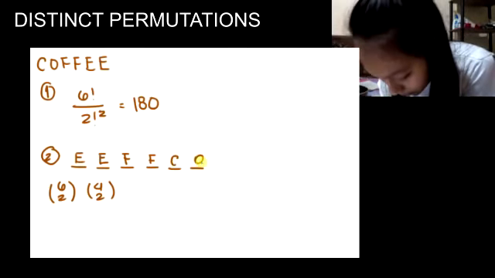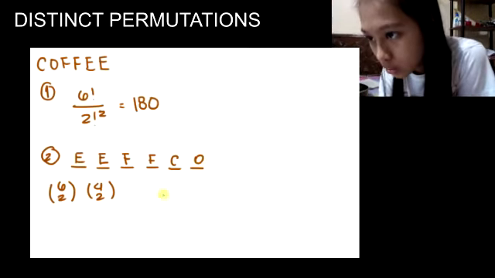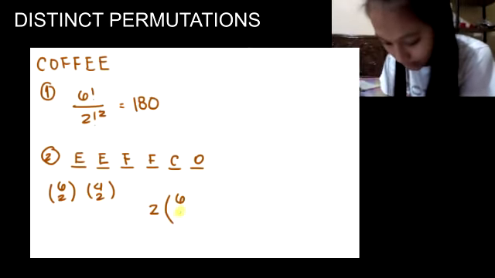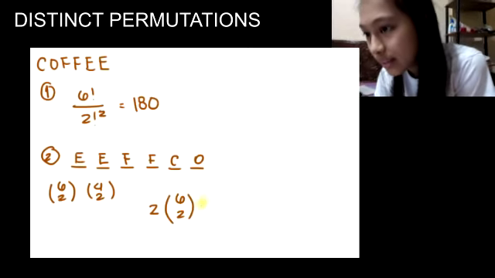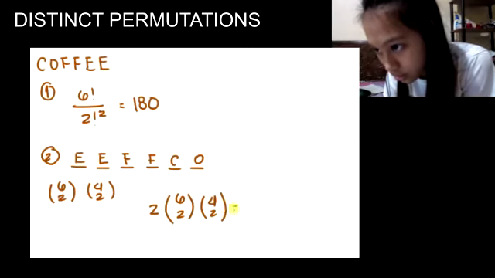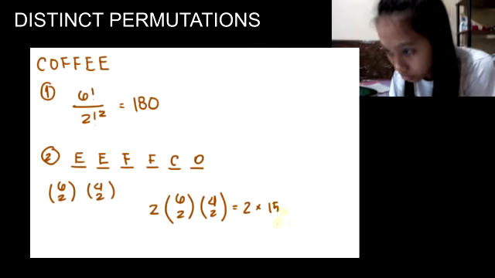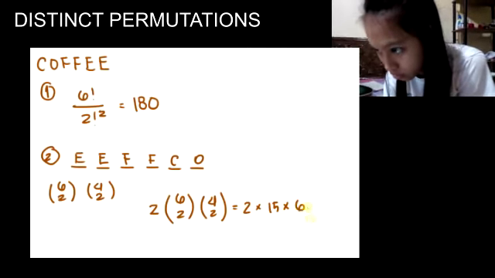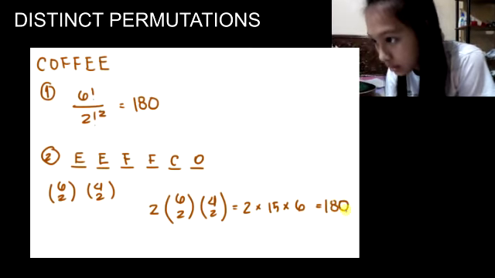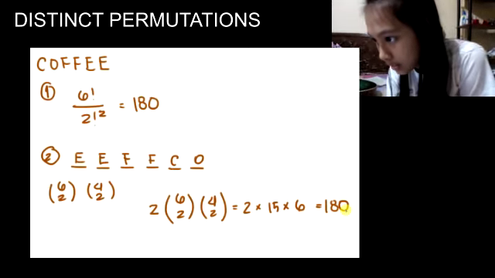So, you get CO, CO. Yan. So, wait lang. So, ganito siya. 6 choose 2 times 4 choose 2 times 2 is equal to 15 times 6 times 2, which is equal to 180.